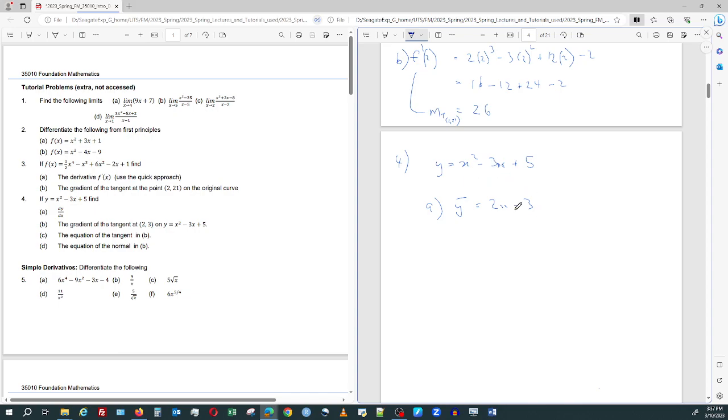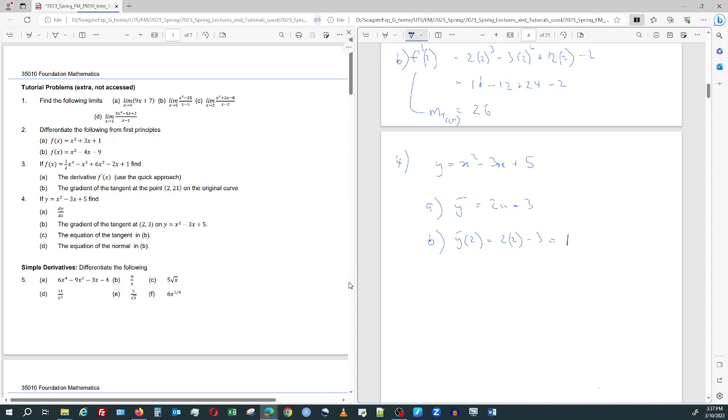So it's 2x minus 3. For part B, it wants the gradient of the tangent at the point 2. So using function notation, we're going to put x as 2 in there, and everywhere there's an x, we'll drop a 2 in. So 4 minus 3 is 1. So the gradient's like y equals x.